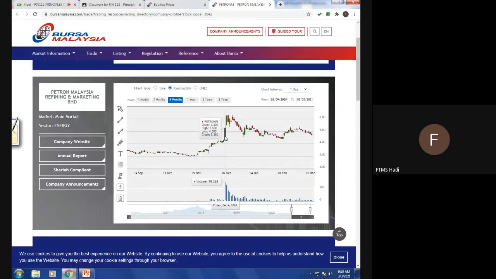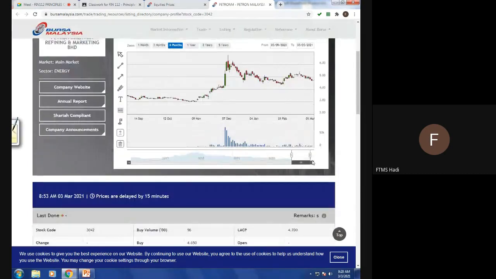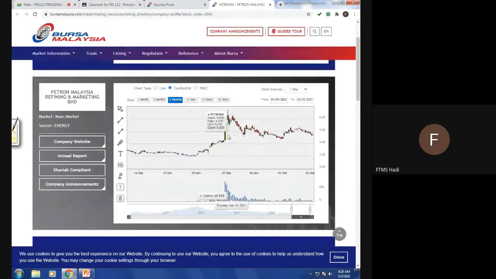As you can see, the green is bullish. Say daily bullish, we can say that the change is positive. On 4th December, open 4.3 and then close at 5.2. That is plus almost 90 cents.